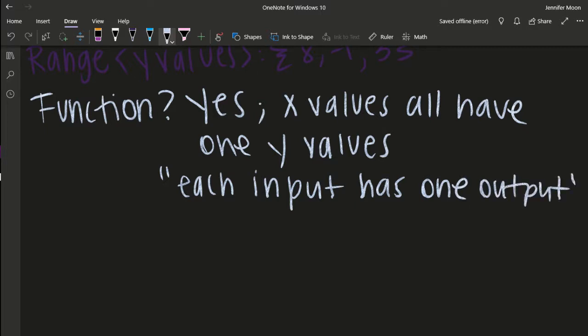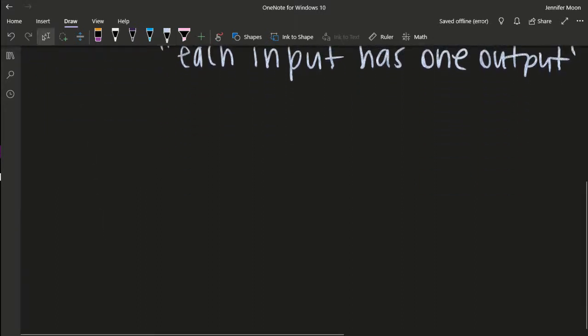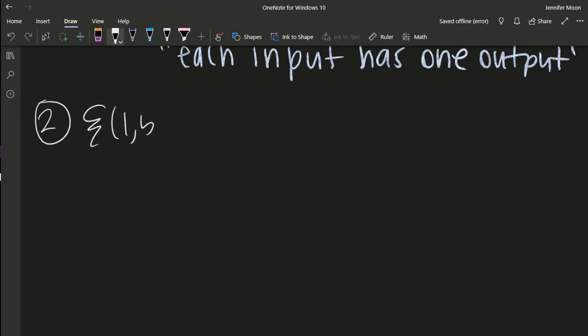Okay, so let's do this next example, which gives me, determine if the relation is a function. Our relation is (1, 5), (1, 6), and (1, 7).